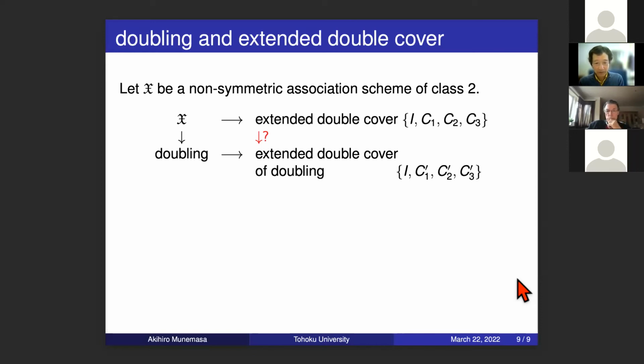What we invented was the extended double cover, which is an association scheme of class 3. So somehow similar, but a different construction.